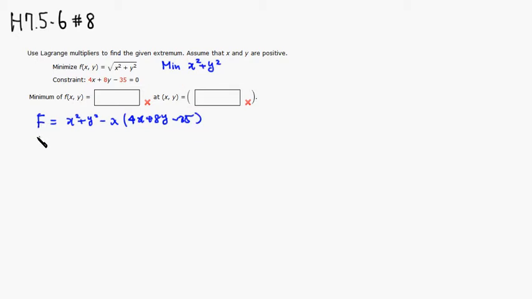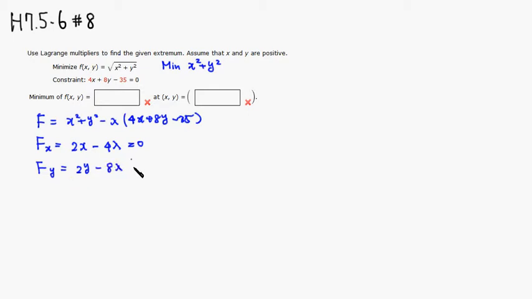Then we take the partial with respect to x, which would be 2x minus 4 lambda, and set that equal to 0. Then take the partial with respect to y, and you will get 2y minus 8 lambda.